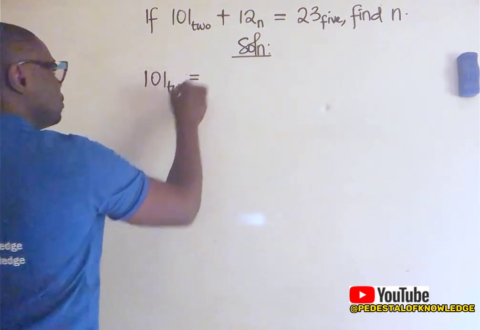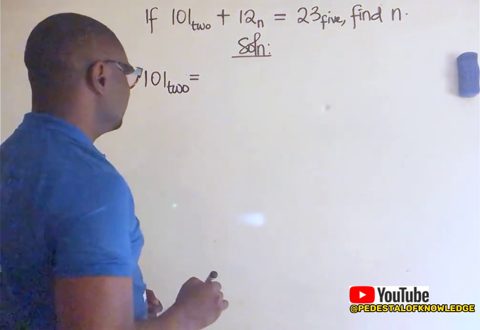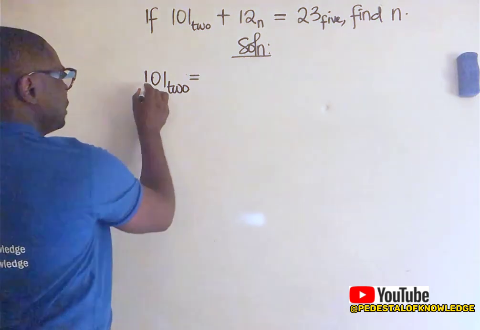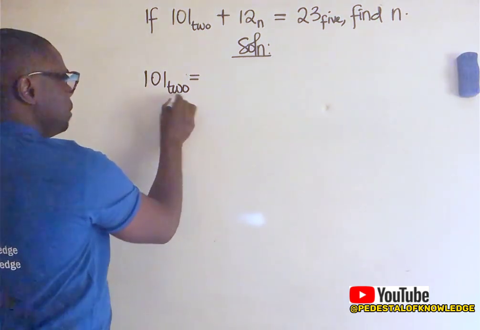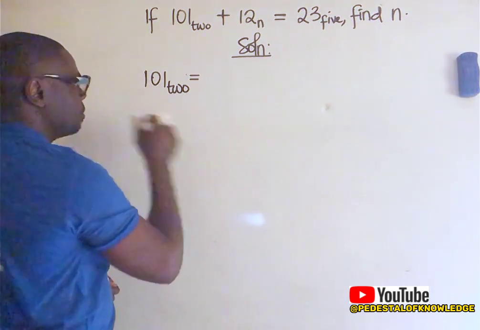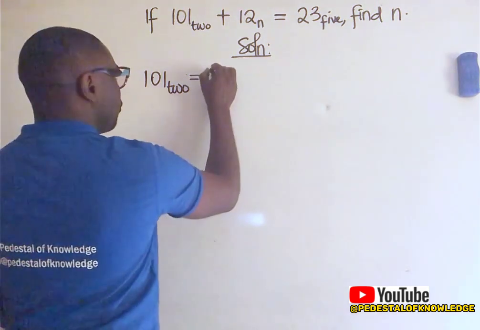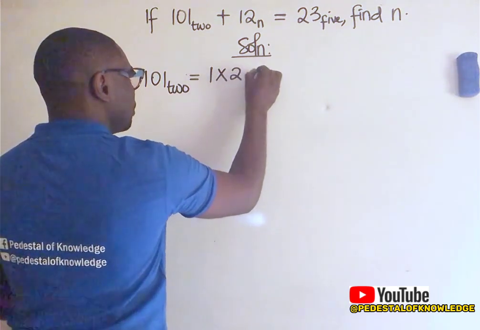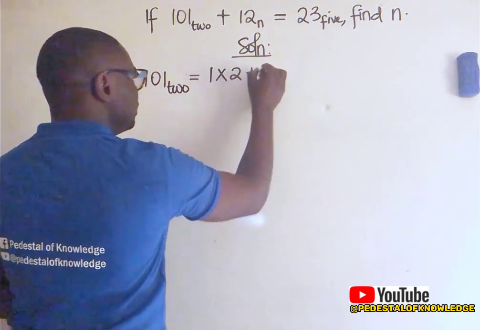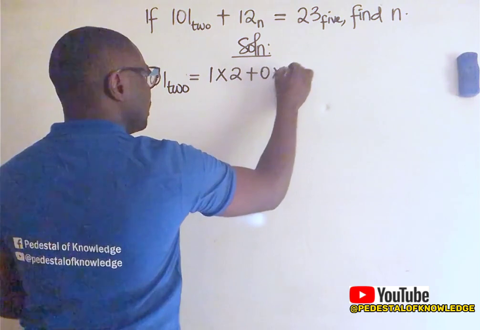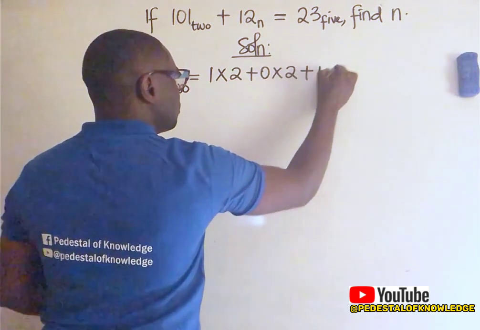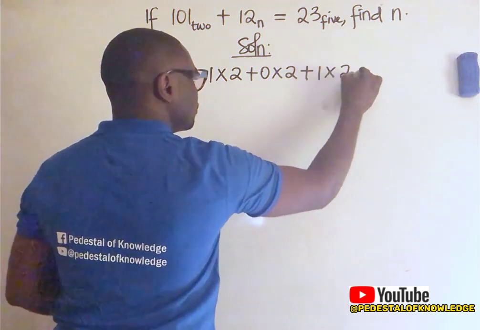Okay, now in converting this number to base 10, the first thing we need to do is to multiply each of these digits by the base, which is 2, and find their sum. So we have 1 multiplied by 2, plus the next digit, 0 multiplied by 2, and the last digit there is 1 multiplied by 2.